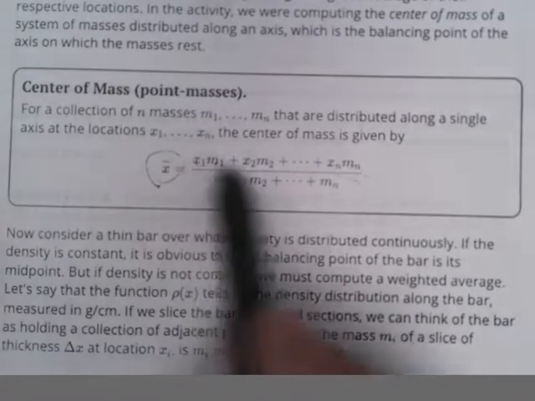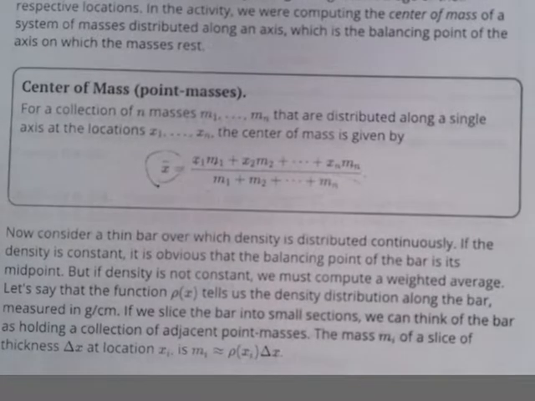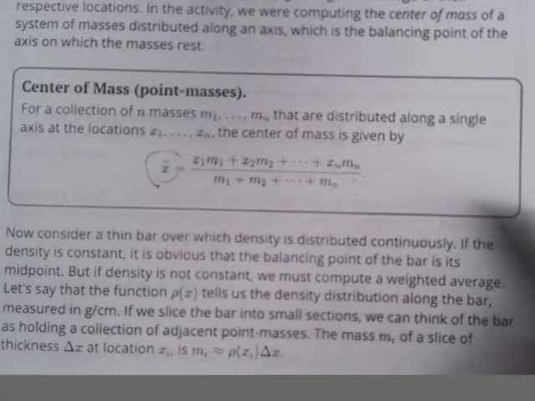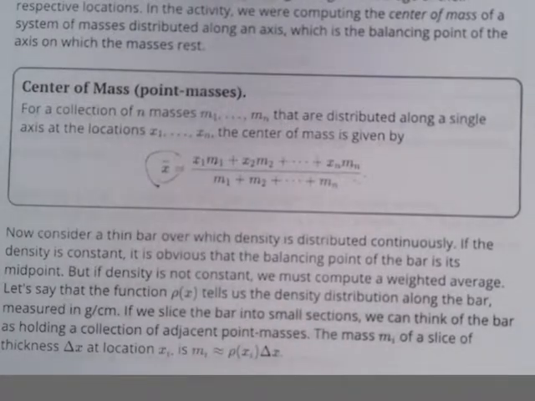And if we're adding a bunch of things like this, we could also do it if there's a density on the thing that's changing. We can take the position times the density of a piece, the mass of a piece, taking the density times the volume of the piece, and then the distance.